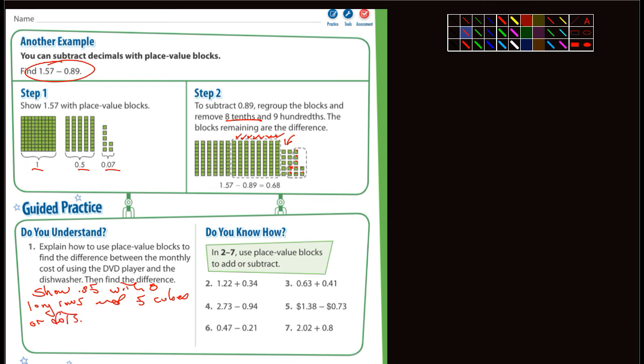For example, if I wanted to draw or model 0.85, I could do 1, 2, 3, 4, 5, 6, 7, 8, and then 1, 2, 3, 4, 5.